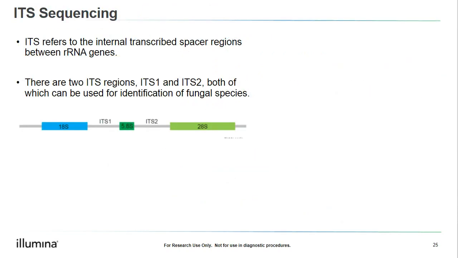For targeted sequencing, I want to mention in this slide the option for ITS sequencing for fungal classification. ITS refers to internal transcribed spacer regions between ribosomal RNA genes. There are 2 ITS regions, ITS1 and ITS2, both of which can be used for identification of fungal species. The Illumina protocol amplifies the ITS1 region.